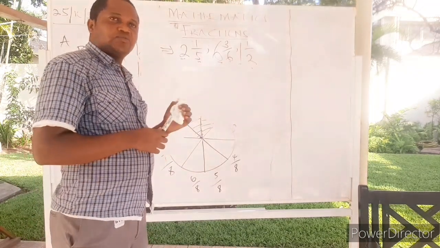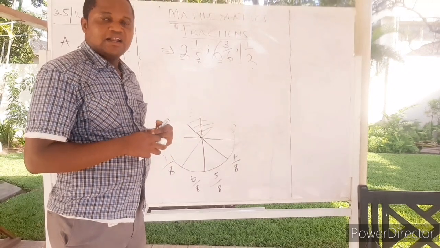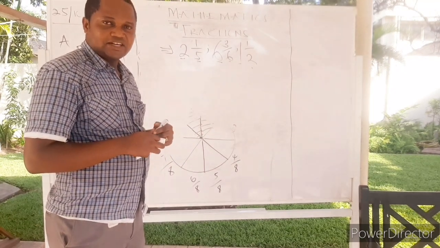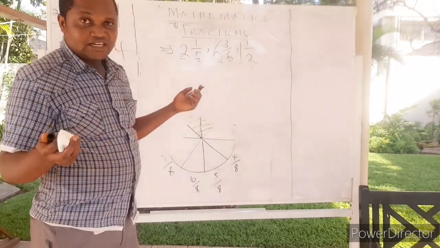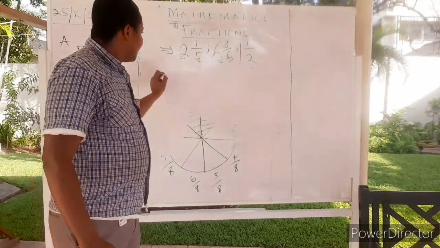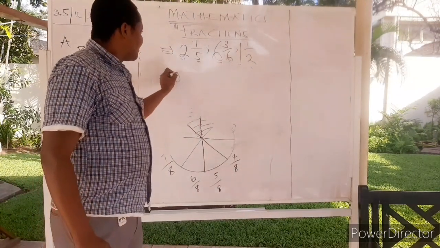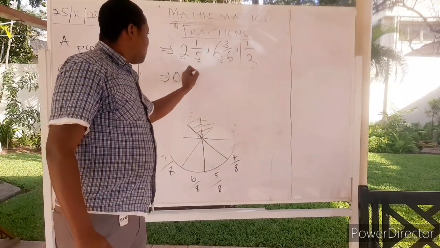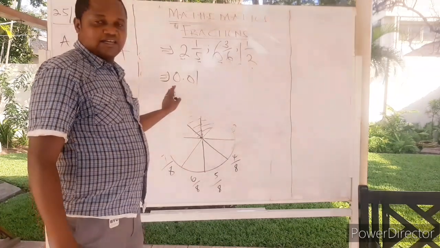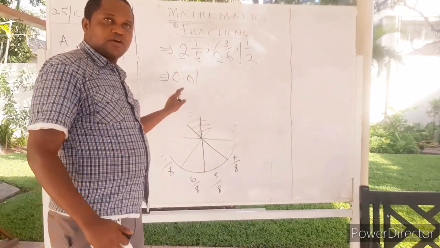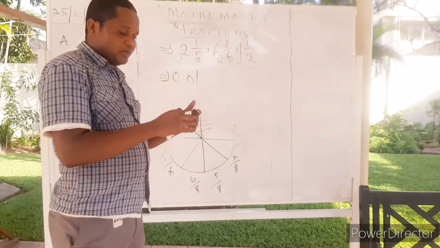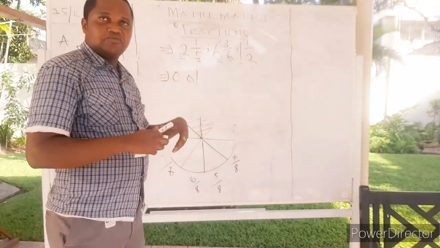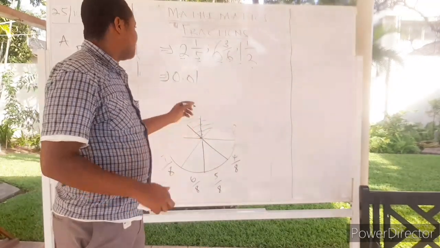Now let's proceed. We also have another type of fraction which we call decimal numbers or decimal fractions, as the name suggests. For instance, 0.01 is a decimal number. So fractions can also be classified into various groups or types.